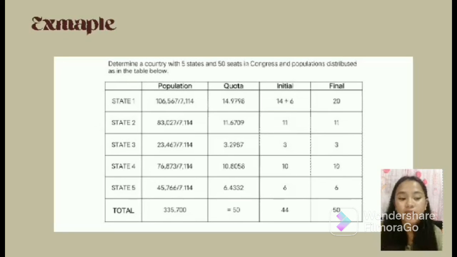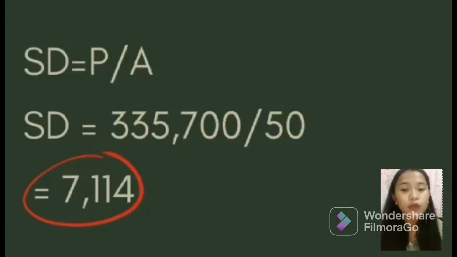State 3 has 23,467 population. State 4 has 76,873 population, and State 5 has 45,766 population, with a total of 335,700.